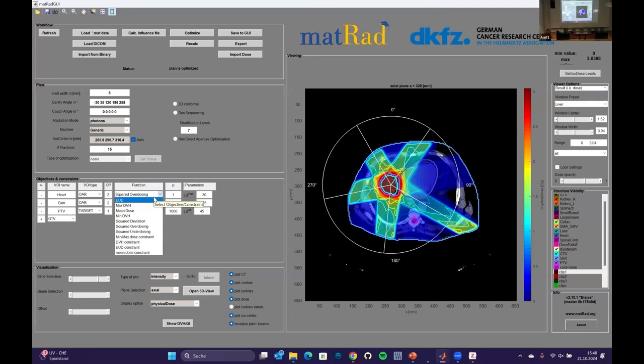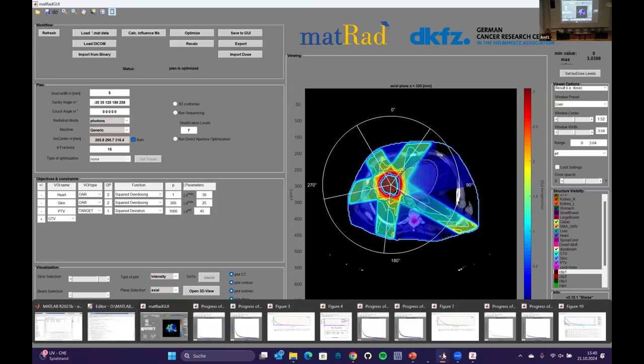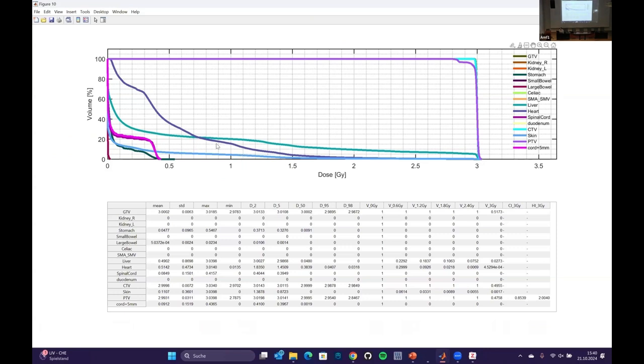There's equivalent uniform dose. I will not go into detail there. There's DVH-oriented functions and so on. But for simplicity, I will stick with the squared deviation, or the squared overdosing. So that's something good for OARs. I want to pull the dose down in organs at risk. And I say, okay, let's look at the dose volume histogram here.